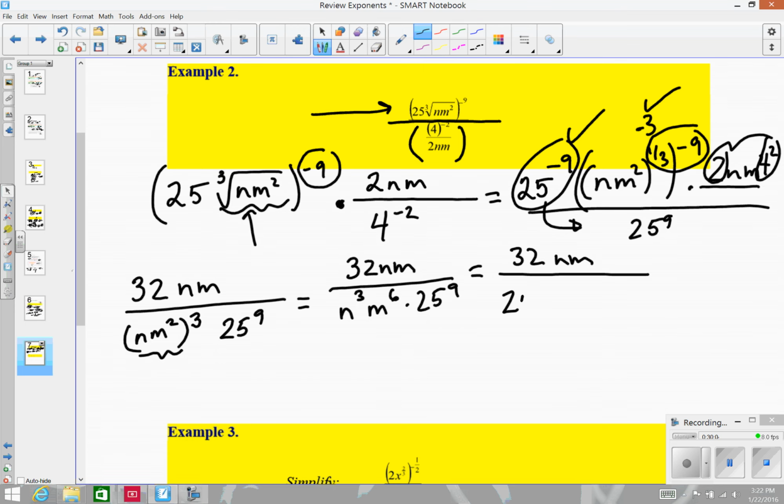I'm going to write my number first here. N to the third, m to the sixth. I can do some canceling of n's here. This becomes n squared. This m becomes just a 1 there. This becomes m to the fifth. So I think if I've done this correctly, this is my final answer.